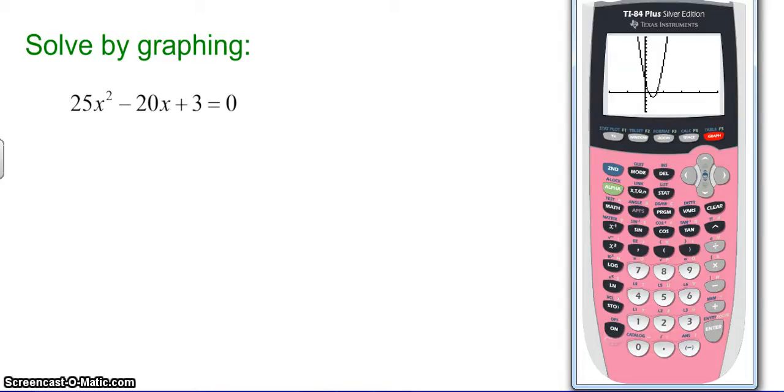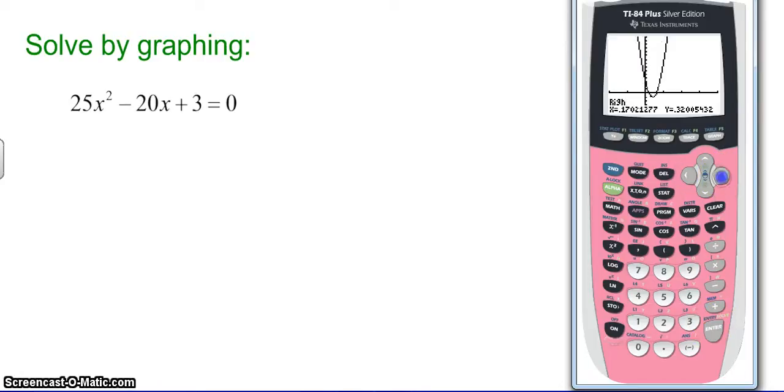Then, go ahead and it says press second, then trace. So second, and then this trace button right here. We are looking for the zeros of our quadratic. This is potentially a 0 right here. So I want to move my spider somewhere to the left of where that point is, and press enter.